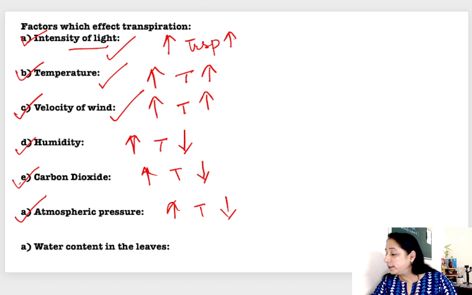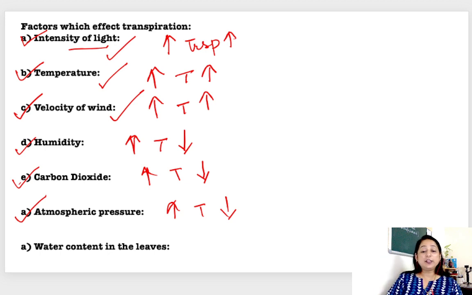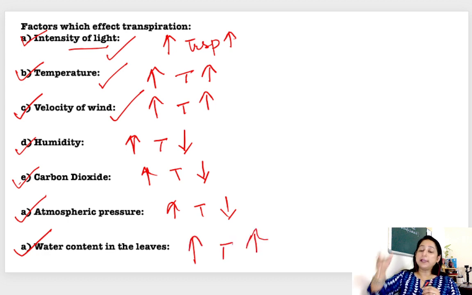Water content in the leaf: if the water content in the leaf is more, transpiration is more, because the more water there is, the more water will go out. So these are all the factors which affect the rate of transpiration.